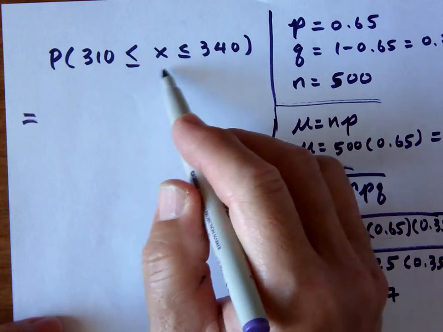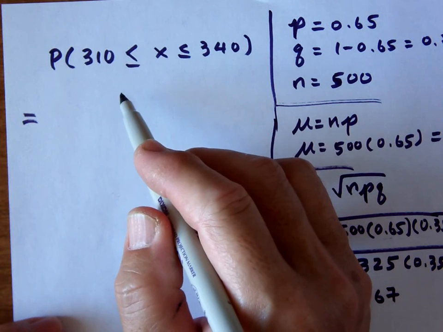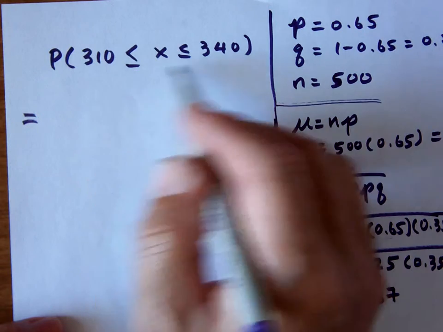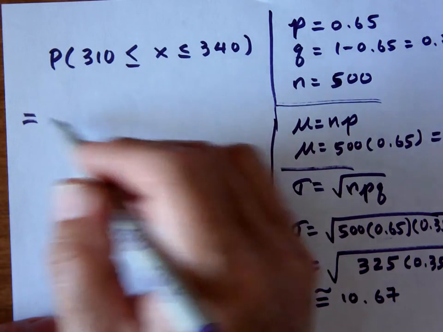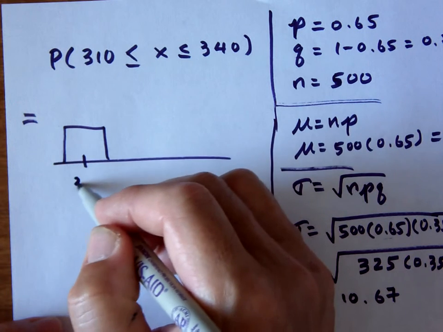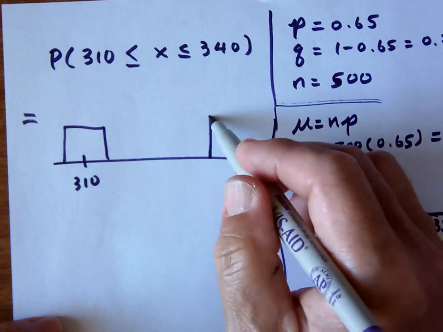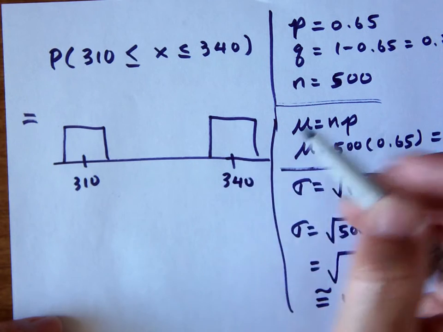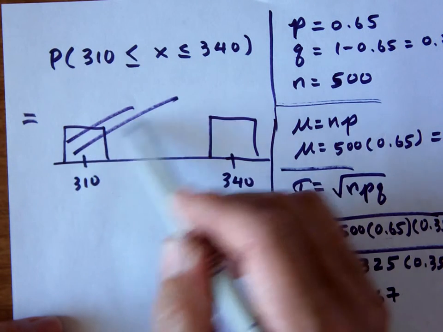Remember, now we need to do what is called a continuity correction. If you look carefully, we are starting with the bar of 310 and ending at the bar of 340. We want to include everything in between.